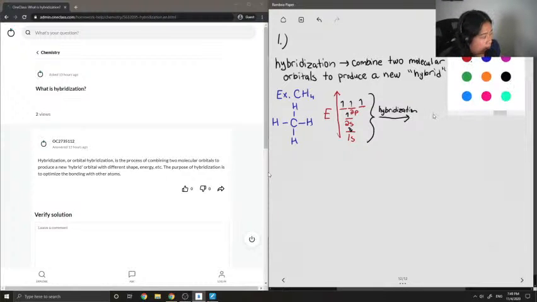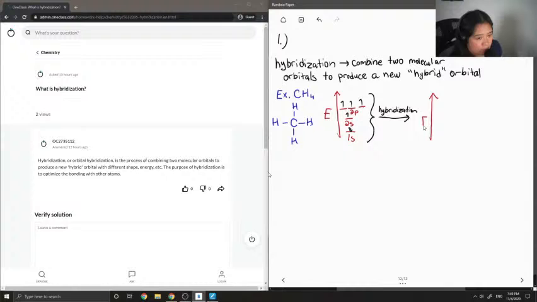And your new molecular orbital diagram will look like the following. This 1s would still be the same, but now we have two sp3.